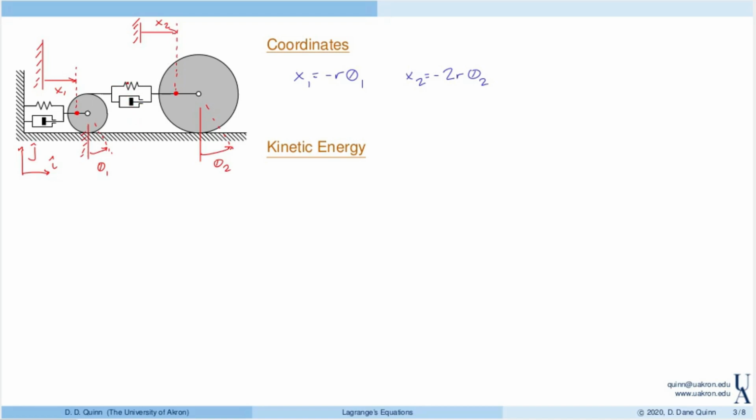Now, the force in this connecting spring depends on the displacement across the spring. Unfortunately, neither x1 nor x2 nor either of these other rotations explicitly gives us that. So let's define a new coordinate that describes that relative displacement.